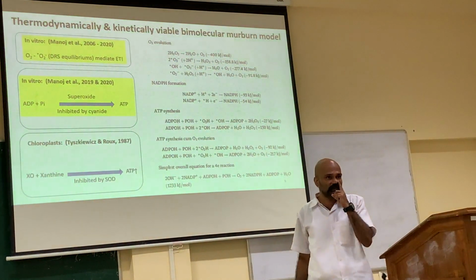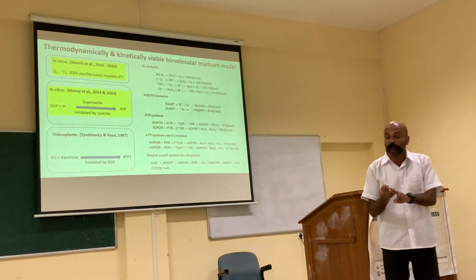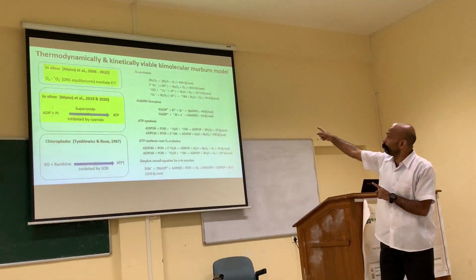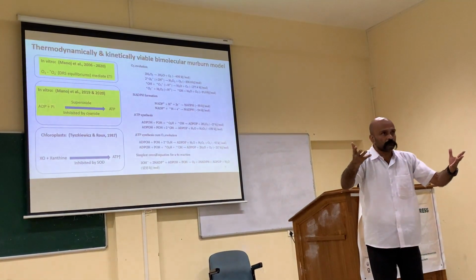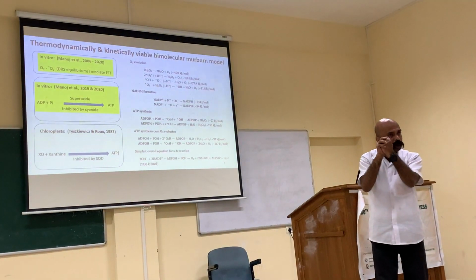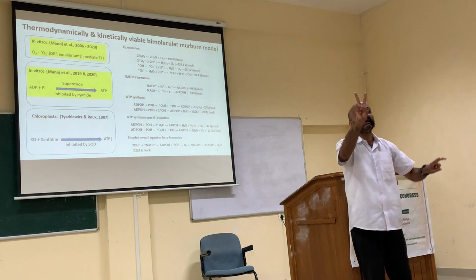These are my reactions of ATP production and oxygen generation. You see, very simple methods. These are primitive enzymes, from before affinity-based mechanisms came into being. Oxygen is a diradical.